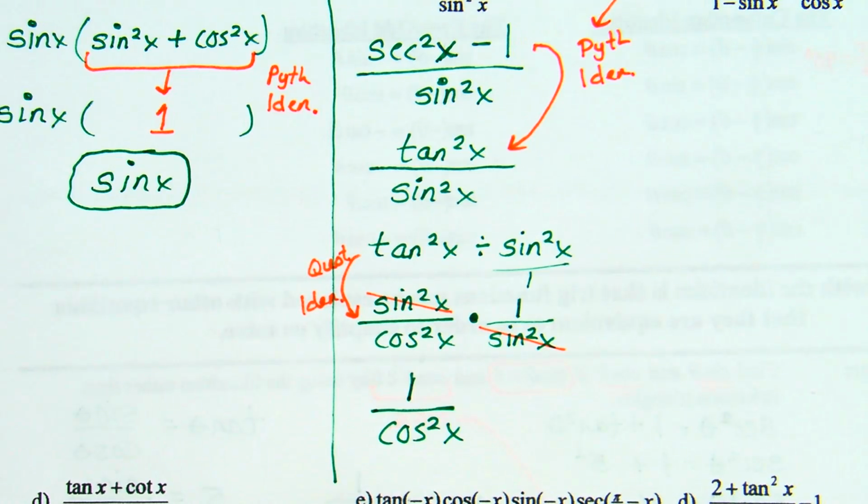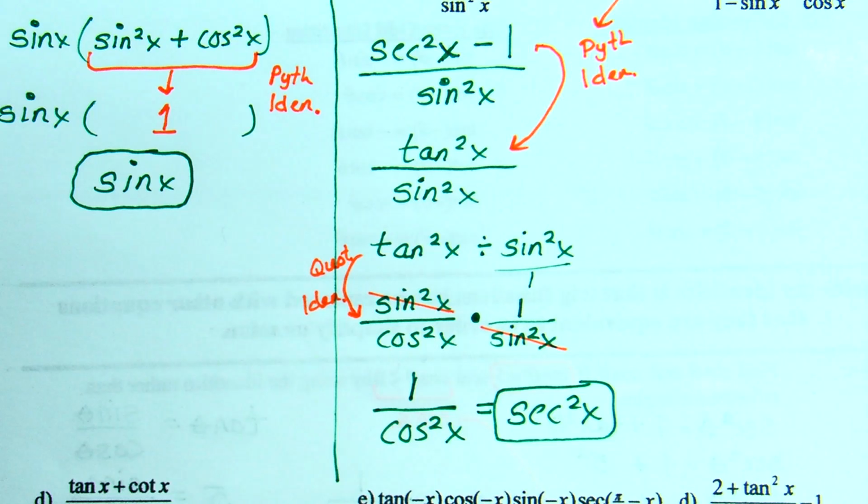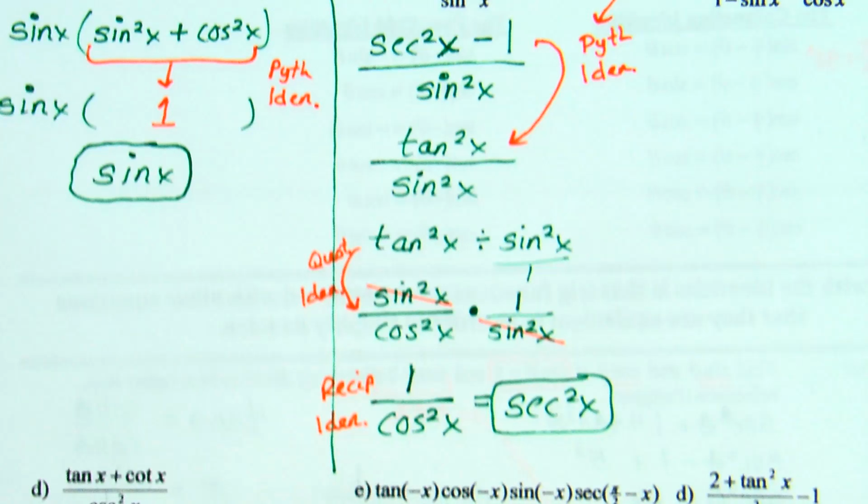So this is when I would use the reciprocal and flip from 1 over cosine squared to secant squared x. And that was a reciprocal identity that allows me to do that.